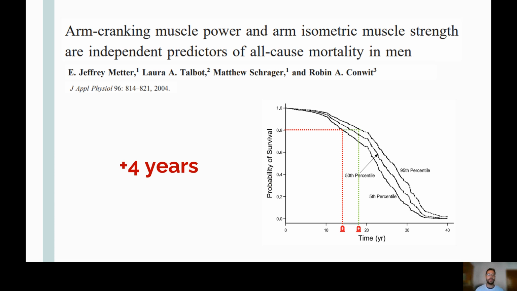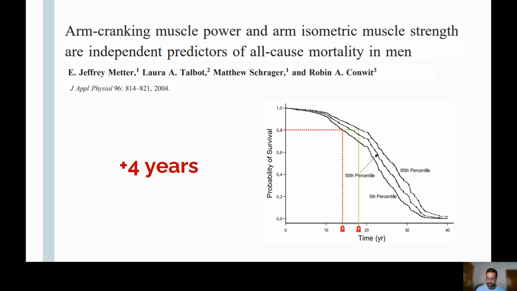As you can see from this study in 2004, from Metter and colleagues, having a low muscle power, just as an example, being in the 5th percentile of muscle power is associated with an increased risk compared to someone that is in the 95th percentile of muscle power.